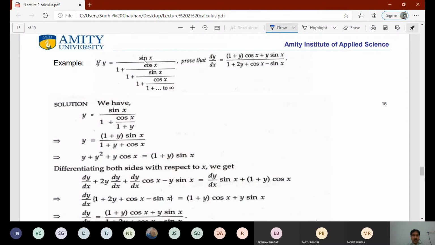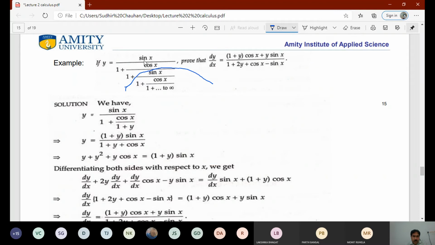Sin x upon 1 plus something, we have to check this. So here we can see that sin x upon 1 plus something is from here. So again we get the original question from here. Sin x upon 1 plus something, this something is cos x upon 1 plus and so on.